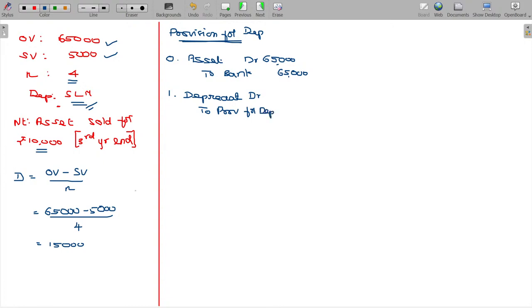The year-on-year amount depreciated here being only 15,000. You repeat this, right? At year end the depreciation, being a nominal account, should be closed by transferring that to the P&L account. So the entry being P&L account debit to depreciation.